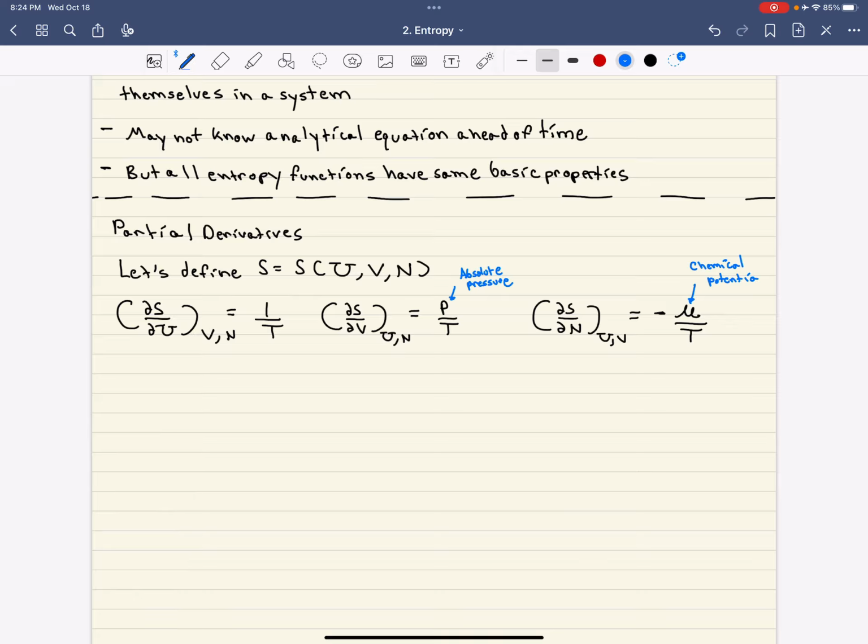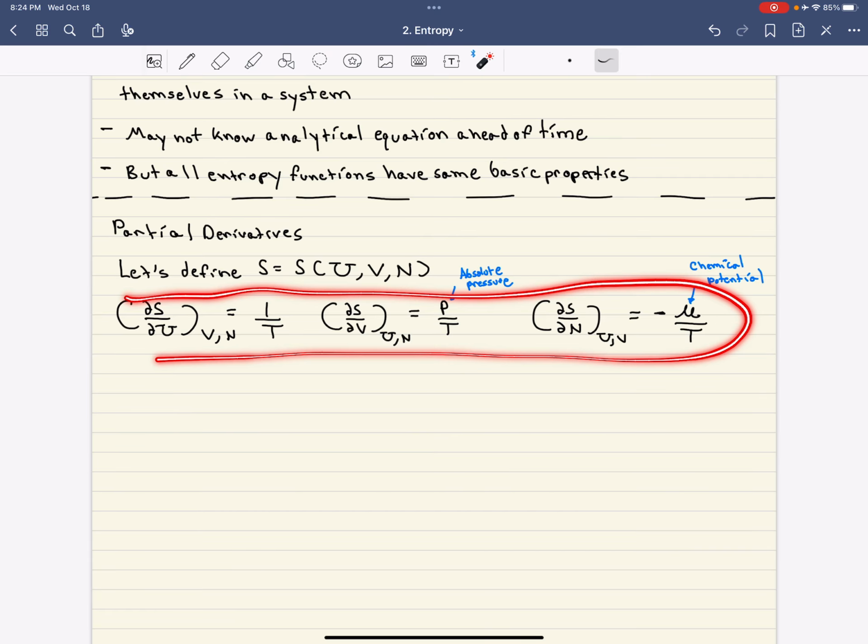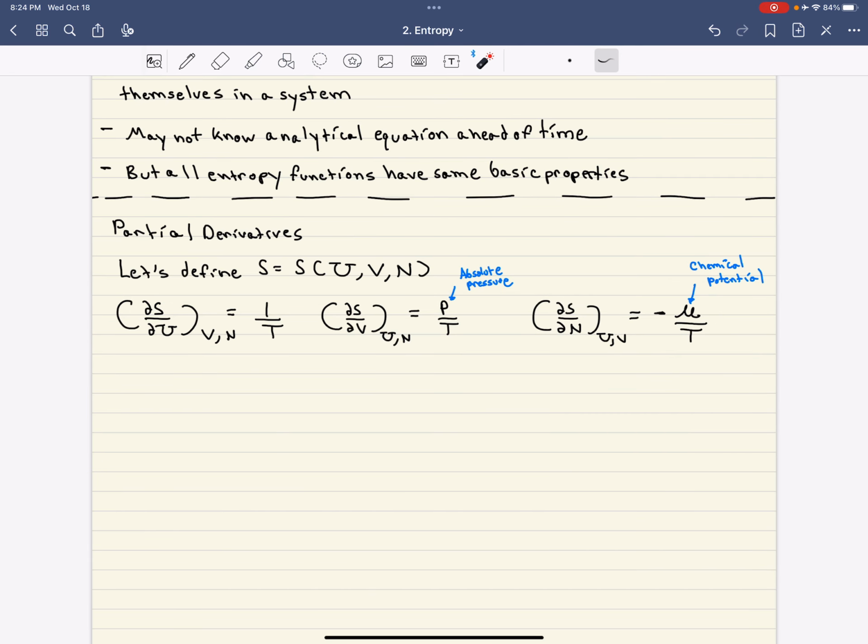And so we'll talk more about the physical meaning of each of these parameters later. But for whatever function you have describing entropy, these partial derivatives are all valid.